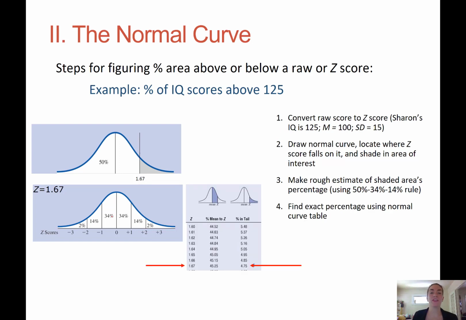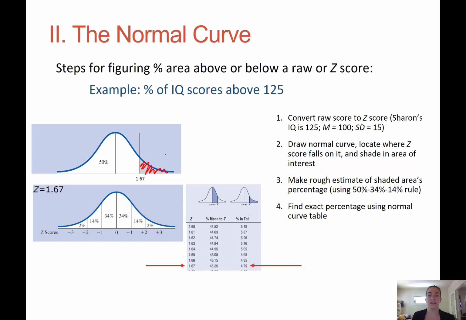Well, we could figure out the exact percent now using the z-table. So I open up my z-table, I look in the z column to find 1.67, the z-score I calculated for Sharon. And what column will I look in? Because we have a score that's on the right side of the distribution, and I want to know how many scores are even higher than it, I'm interested in this shaded area here.